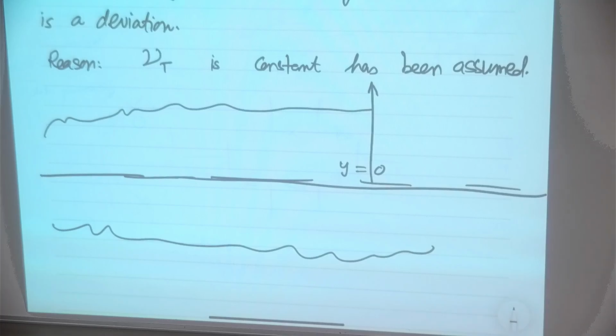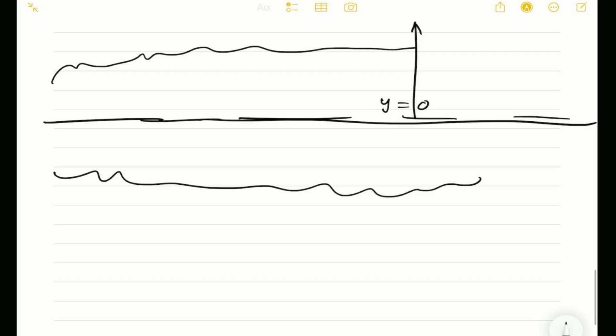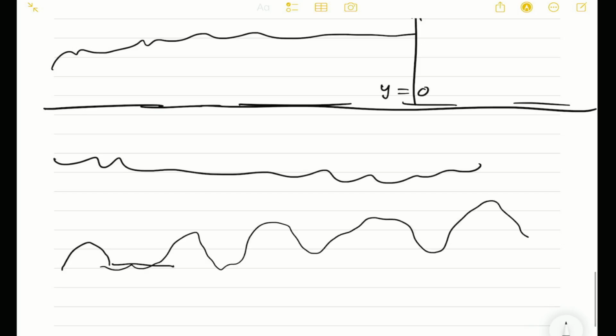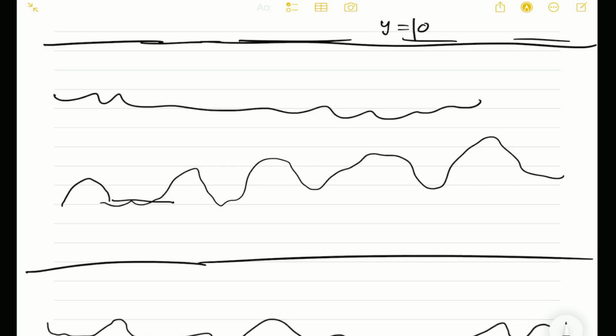This is how the actual shape of the wake looks.